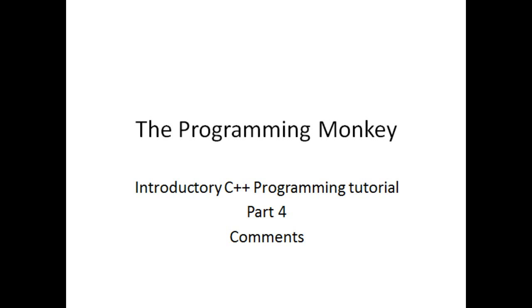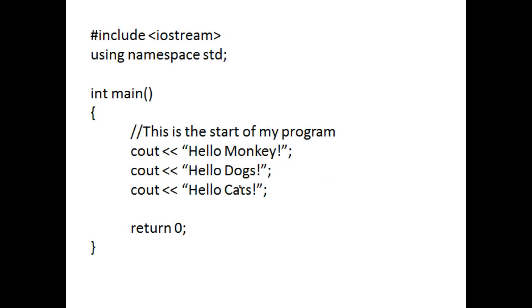In C++, we have two main types of comments. The first type we have is a single line. This is called the C++ type comment, and this is basically comprised of two forward slashes.